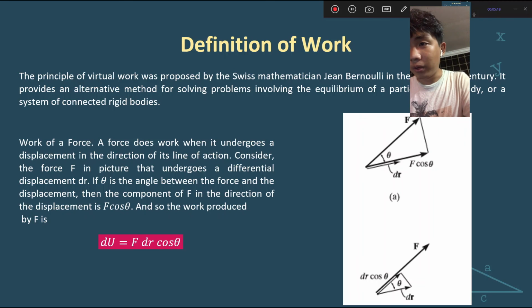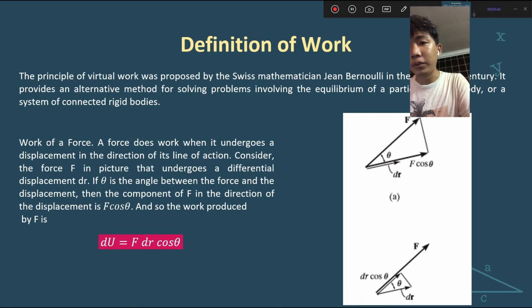Work of a force. A force does work when it undergoes a displacement in the direction of its line of action. Consider the force F in the picture that undergoes a differential displacement dr. If theta is the angle between the force and the displacement, then the component of F in the direction of the displacement is F cosine theta.